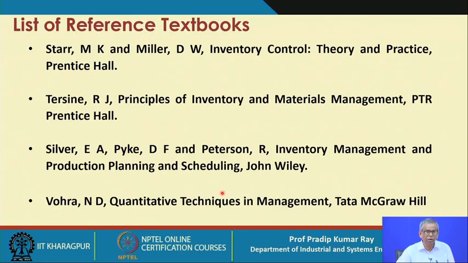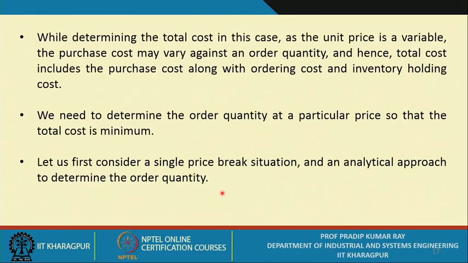So, let us first consider a single price break situation, analytical approach to determine the order quantity. Both for the single price break as well as for the multiple price break situations, there could be two approaches to determine the order quantity. The first approach is the analytical approach, and if you get the solution through it, fine, no problem, that will be our preference.